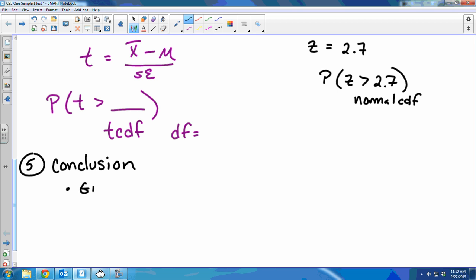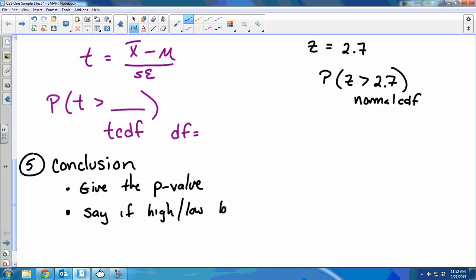You need to give the p-value. I know you just found it. I get it. But say the p-value is 0.03 or the p-value is 0.21. That's part of your conclusion. Say if it's high or low based on alpha. It's high or low because why? Why is it high?